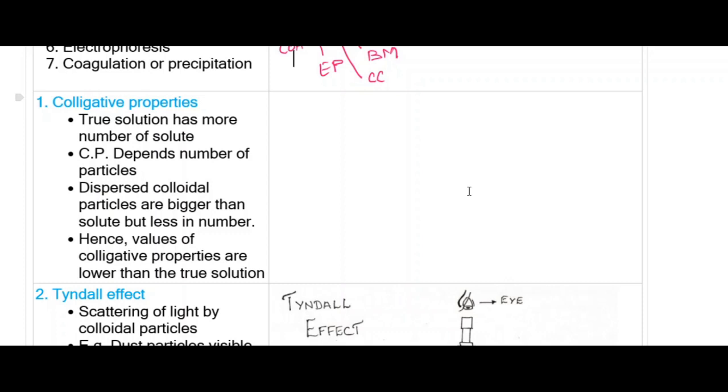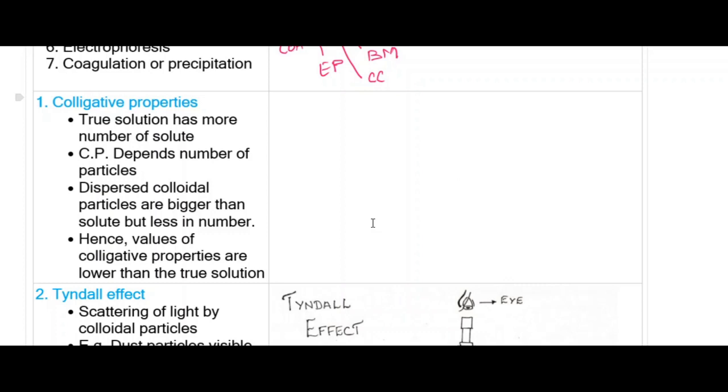The dispersed colloidal particles are bigger in size than the solute in a true solution, is it not? So there will be fewer particles at equal concentration. Therefore, the colligative property value will be lower than that of the true solution with the same concentration. So do you understand this?